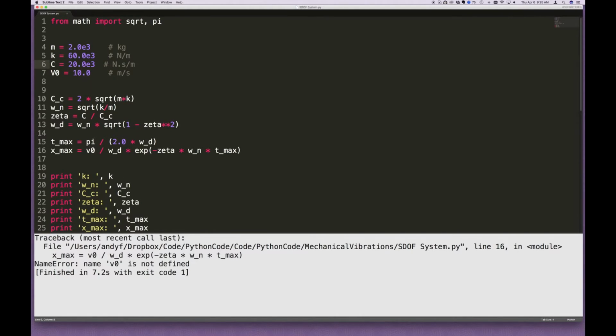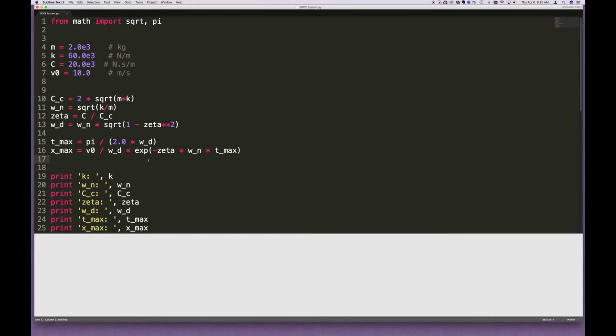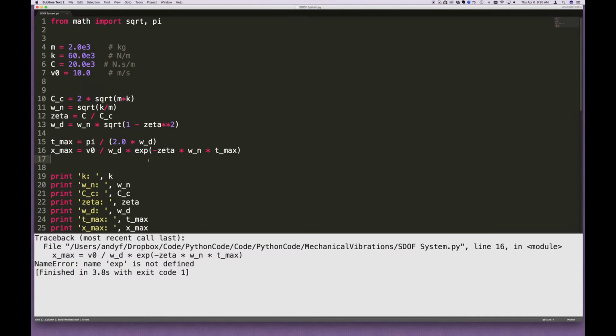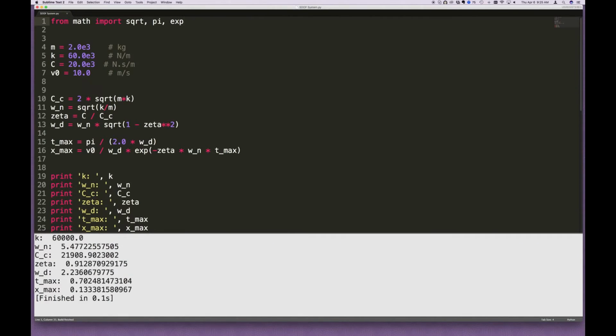Oh, because I did it as a capital V. Let me make it a small v up top here. Exp is not defined. I need to import that from the math library, I should say. The exponential function. And then finally it runs, okay?